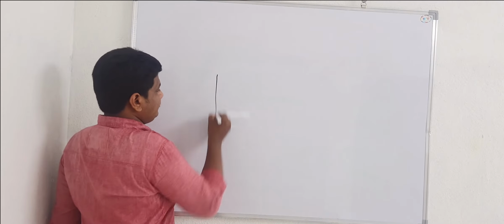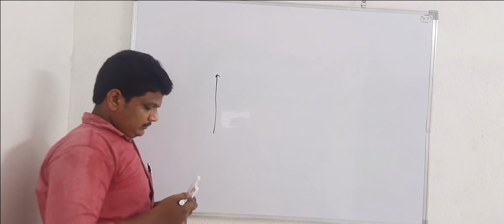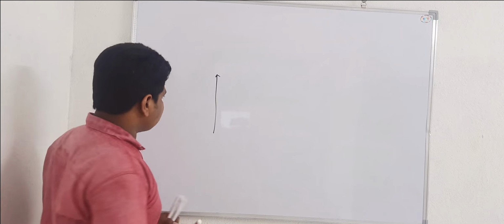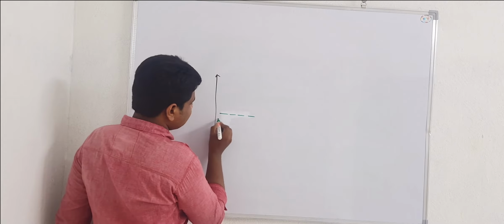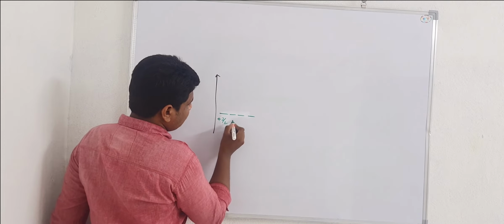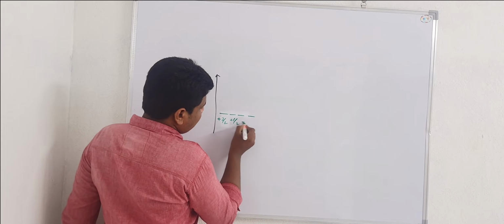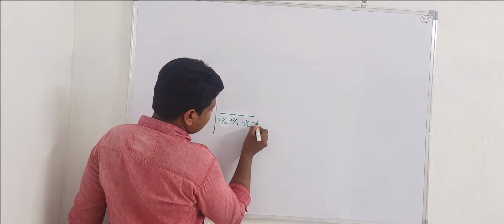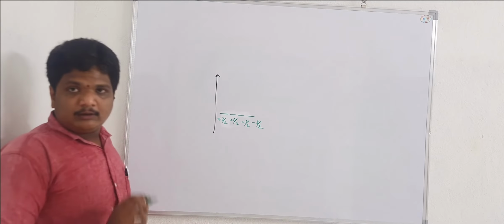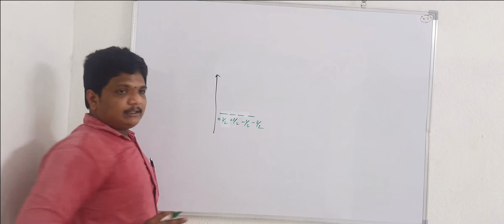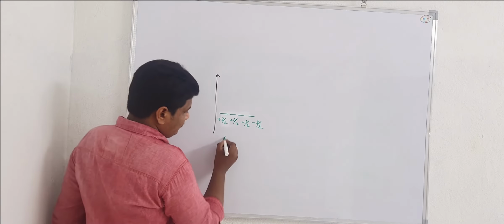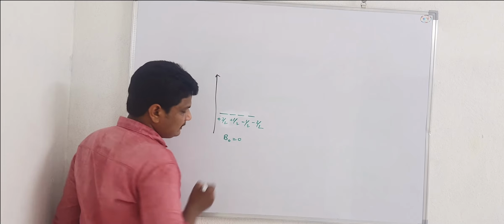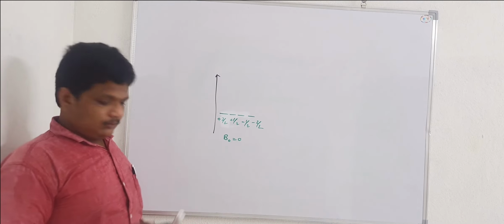So this is the energy. Now in the absence of external magnetic field, this is plus 3 by 2, plus 1 by 2, minus 1 by 2 and minus 3 by 2. These are the 4 spin states of the 3 electrons in the chromium plus 3 in the absence of external magnetic field, B naught is equal to 0.